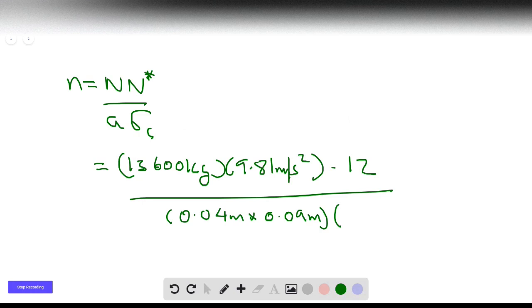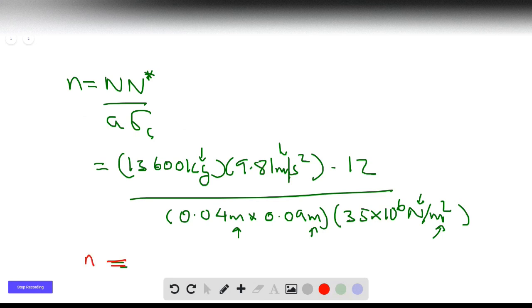And finally, by the compressive force, which is 35 times 10 to the 6 Newton per meter squared. So you can see the newtons will cancel out with the kilogram meters per second squared, and then the meters squared will cancel out with these 2 meters, and we're going to have a clean number of units, which happens to be N equivalent to 12. That's the number of units.